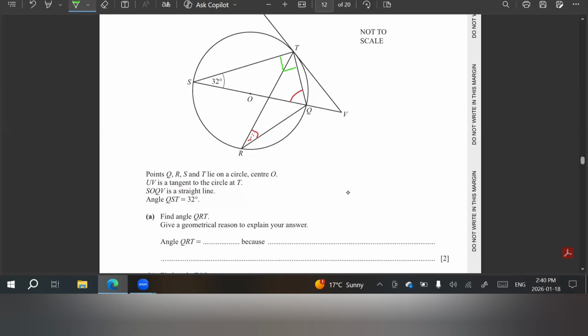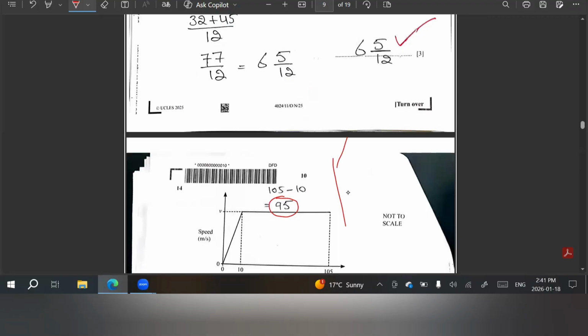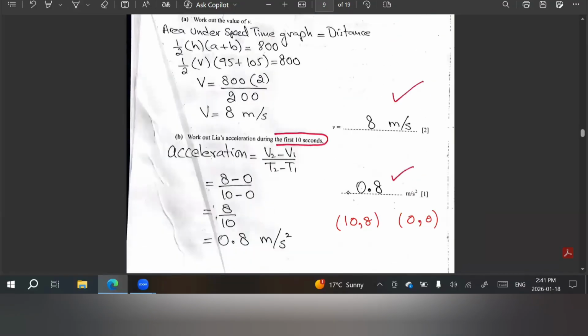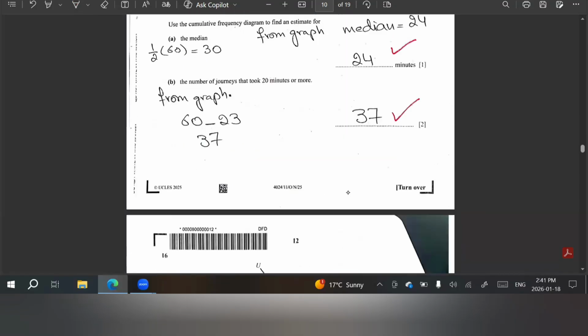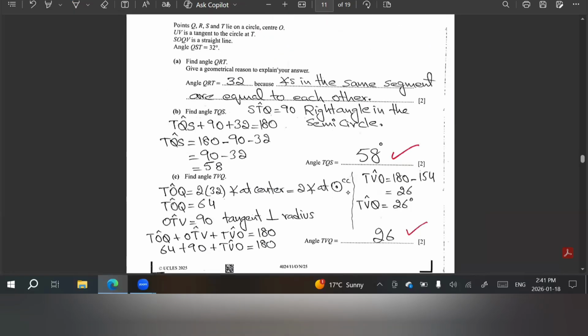Let me show you. I have done this here. You can see the SPQ angle is equal to 90 degrees.